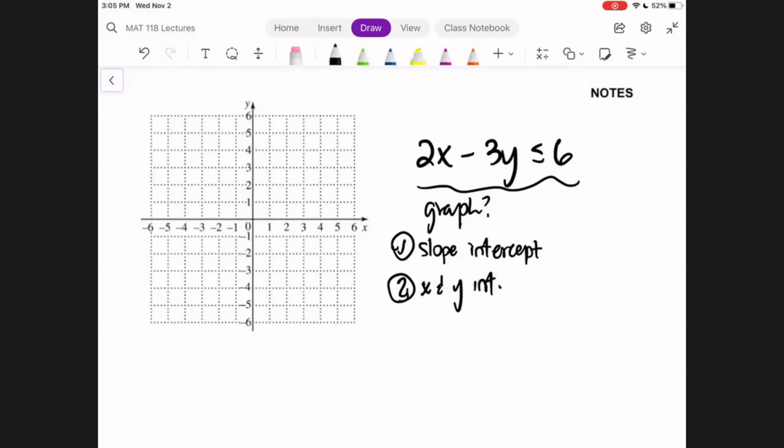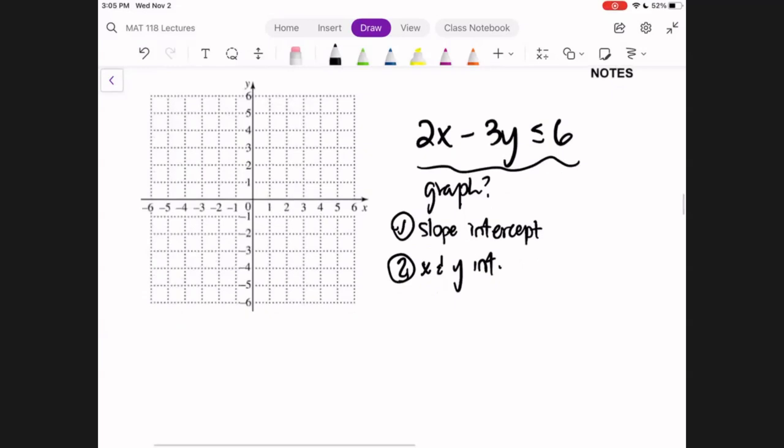Okay. So I'll just do the second method here, the x and y intercepts. So for this problem, the x-intercept is what? So what is the x value when y is 0? So that would be 2x minus 3y equals, not equals 0.